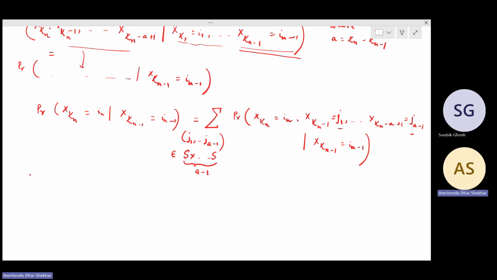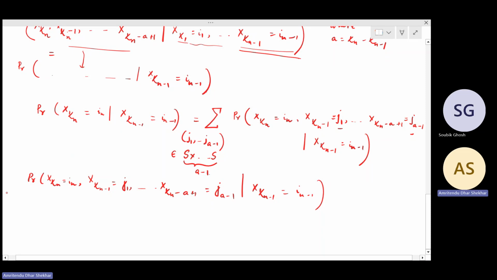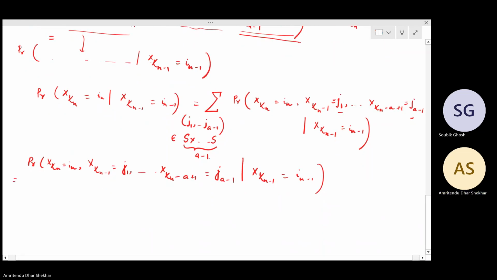Now, each of these terms, the probability of x_{k_n} = i_n given x_{k_{n-1}} = j_1, up to x_{k_{n-a+1}} = j_{a-1}, given x_{k_{n-1}}... Well, you can just write it by repeatedly applying conditional probability.